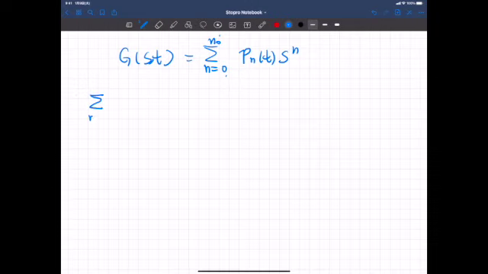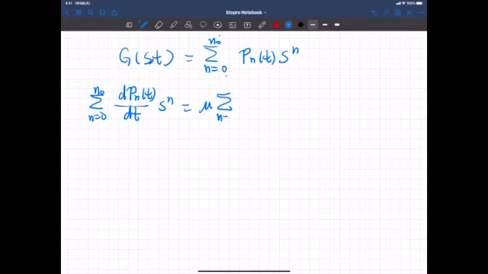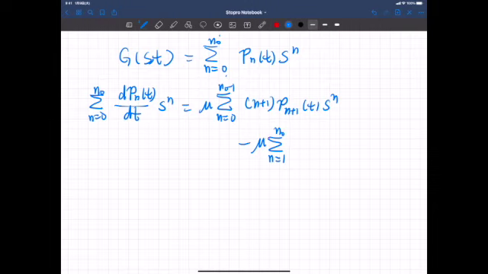The left-hand side is the sum of dPn(t)/dt times s to the power of n, and the right-hand side has two terms: mu times the sum from n = 0 to n0 minus 1 of (n+1) P(n+1)(t) s to the power of n, and minus mu times the sum from n = 1 to n0 of n Pn(t) s to the power of n.